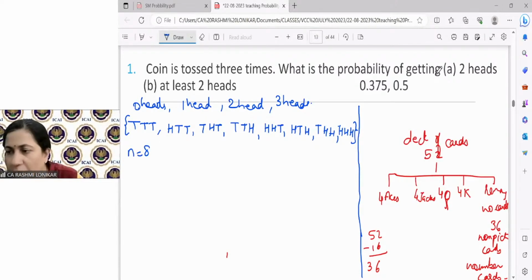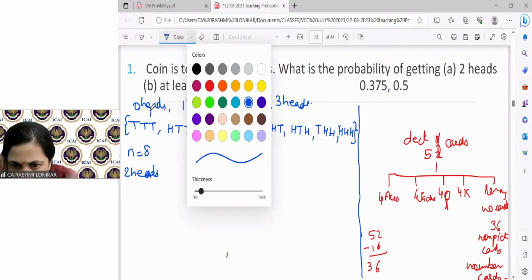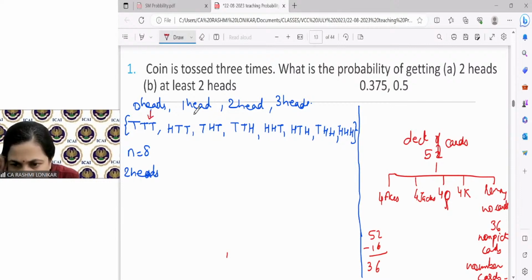Now what is the probability of getting 2 heads? Okay. Now let us see. When do I have 2 heads? 1 head is from here to here. 2 heads are from here to here. Okay. So how many 2 heads are there? 1, 2, and 3. So n of 2 heads is equal to 3.